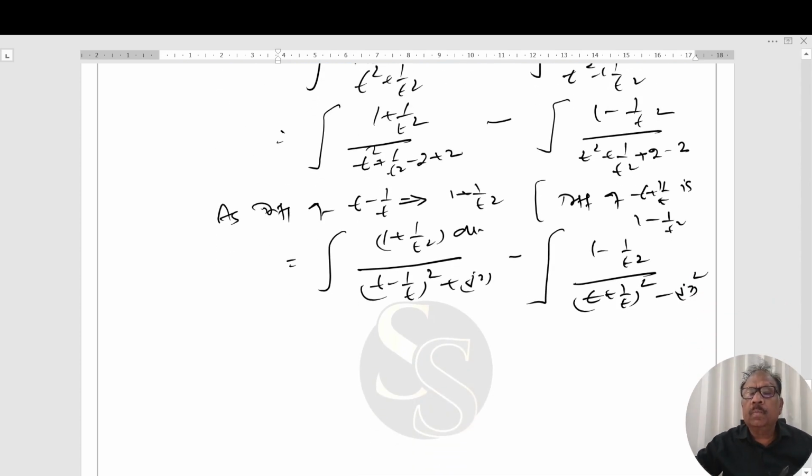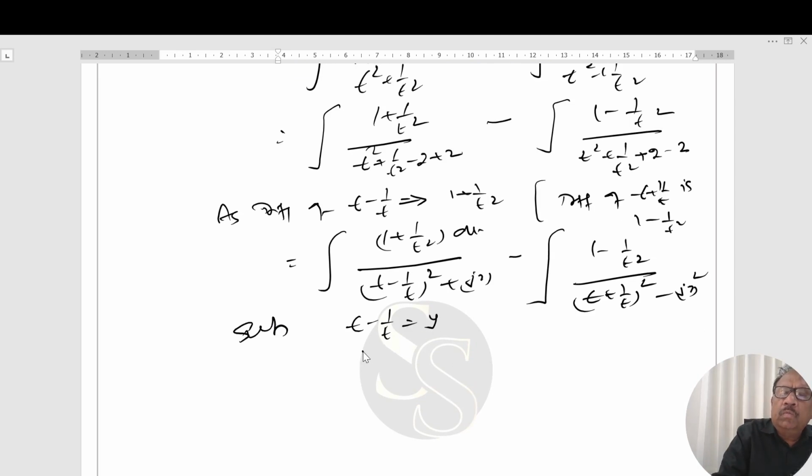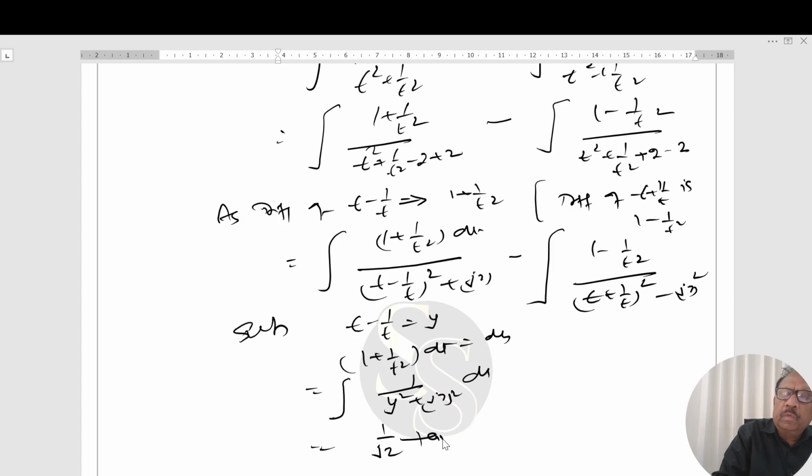Now, in this case, substituting t minus 1 by t equal to y, so 1 plus 1 over t square dt equals dy. This comes out to be the integral of 1 over y square plus root 2 whole square dy, which is 1 over root 2 tan inverse y upon root 2.